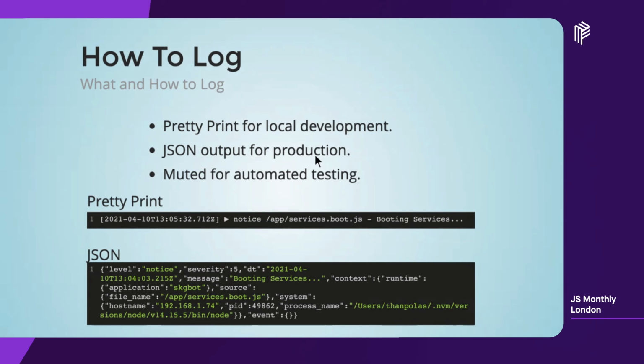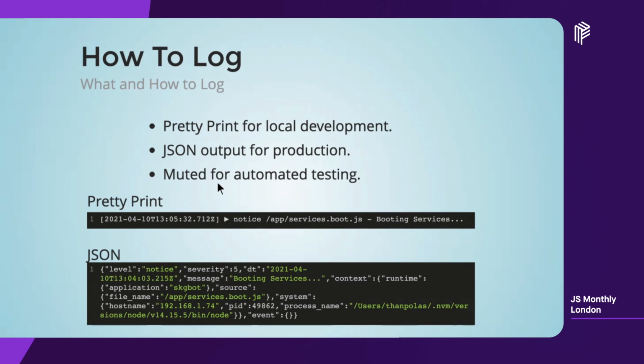And when you're on production, you need this to be outputted as JSON. So this is the same log message when it's being echoed on production, which we can see has way richer information, like all the things we talked about: host name, process ID, the process name, and all other stuff that you may want to attach.